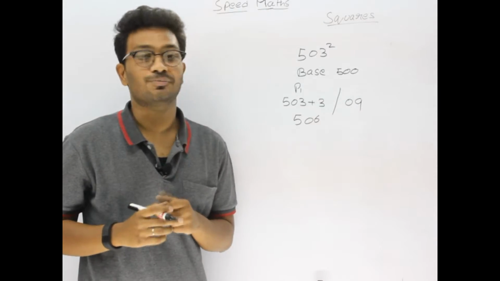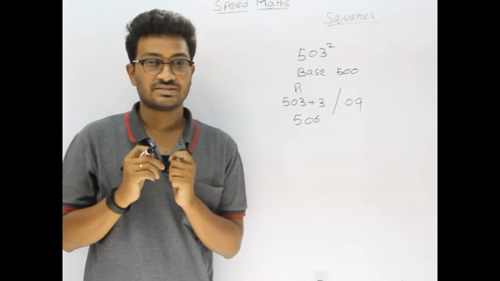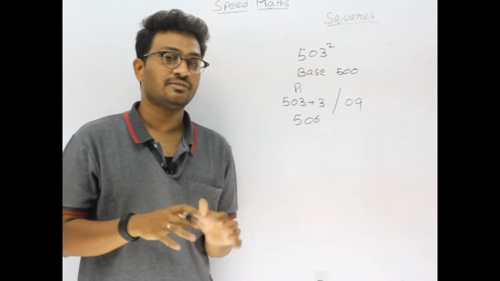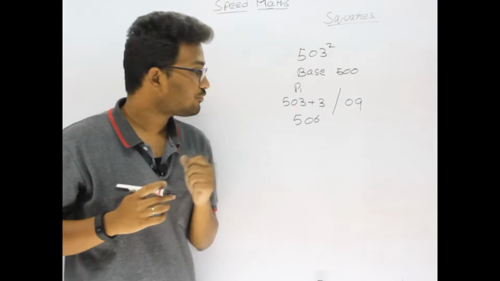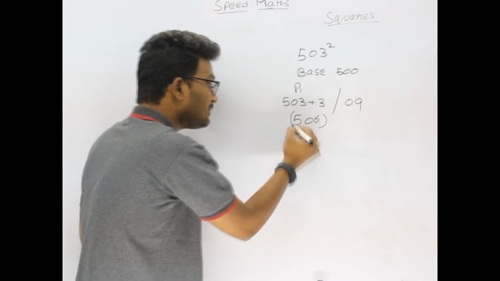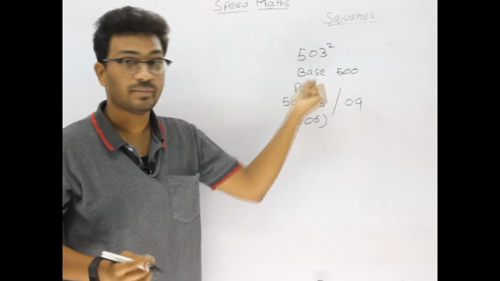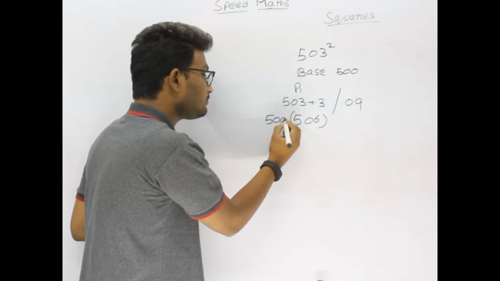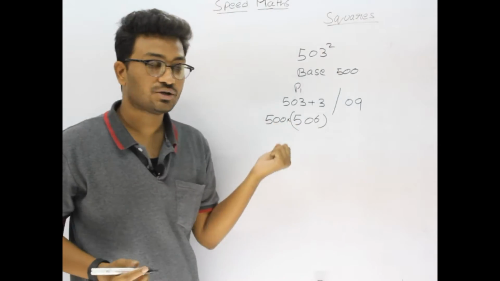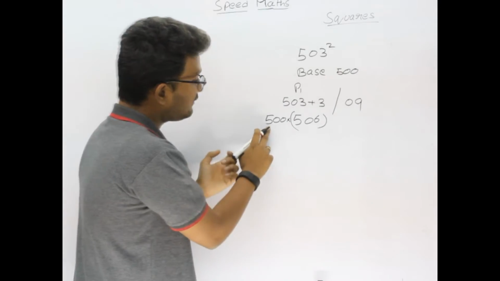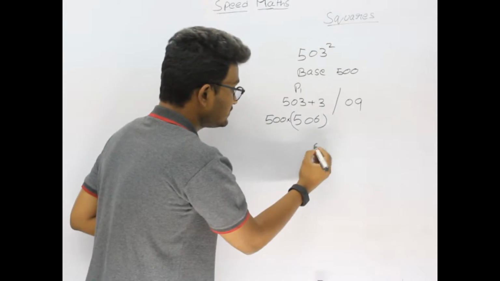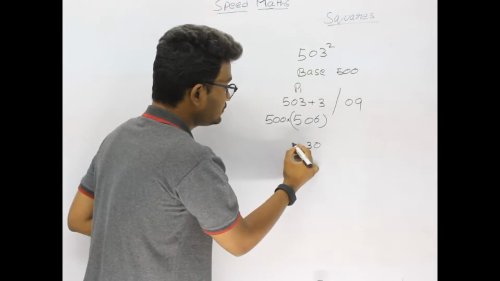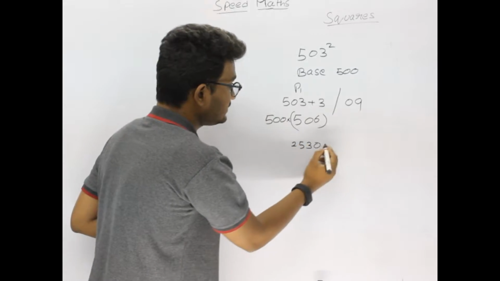Now we forgot one simple step. To get the square of 503, we have to multiply this 506 with the base, which is 500. So 5 into 506 is 253000.